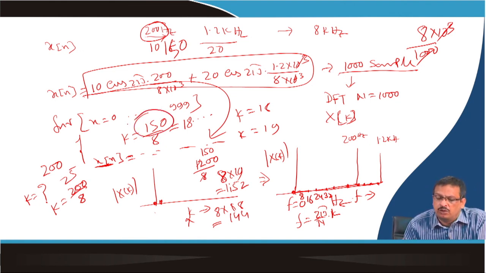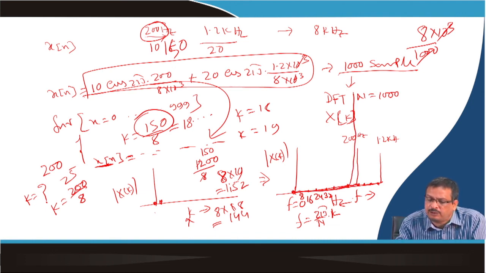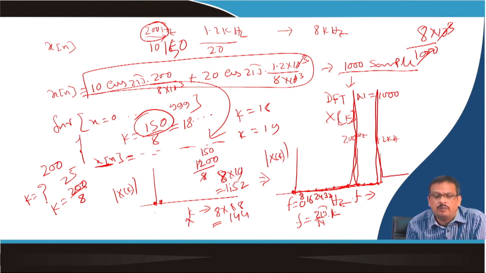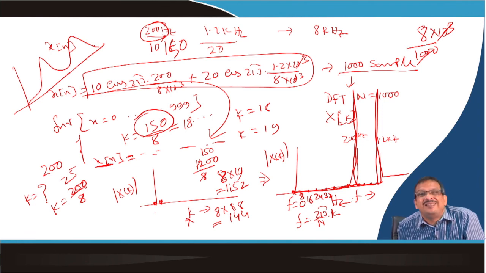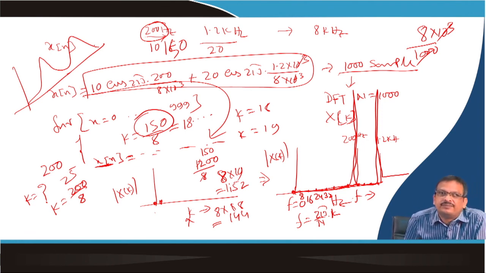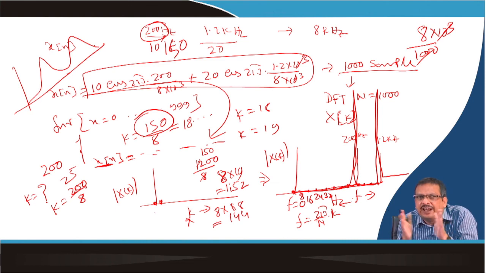So what should the ideal spectrum look like? The ideal spectrum should be a very high spike at a particular frequency, and the rest should be 0. But if you draw it, you do not get a high spike, you get this kind of distribution, which is called DFT leakage. DFT leakage, because the power of the 150 hertz component is distributed nearby.